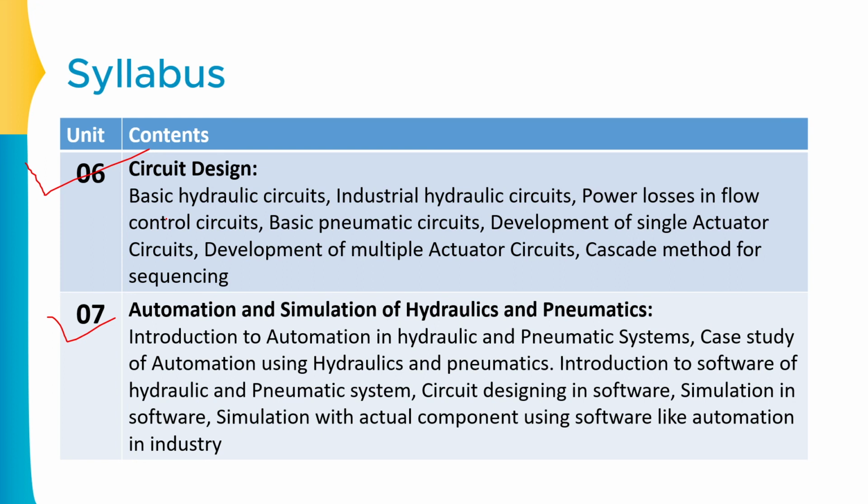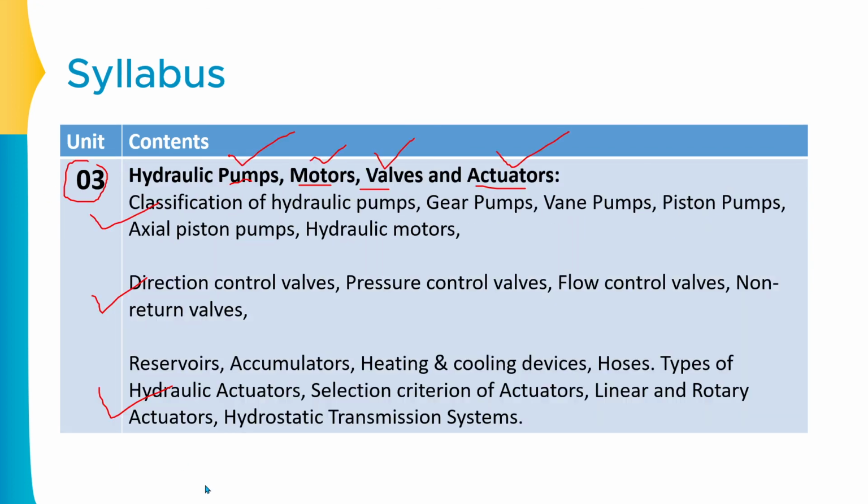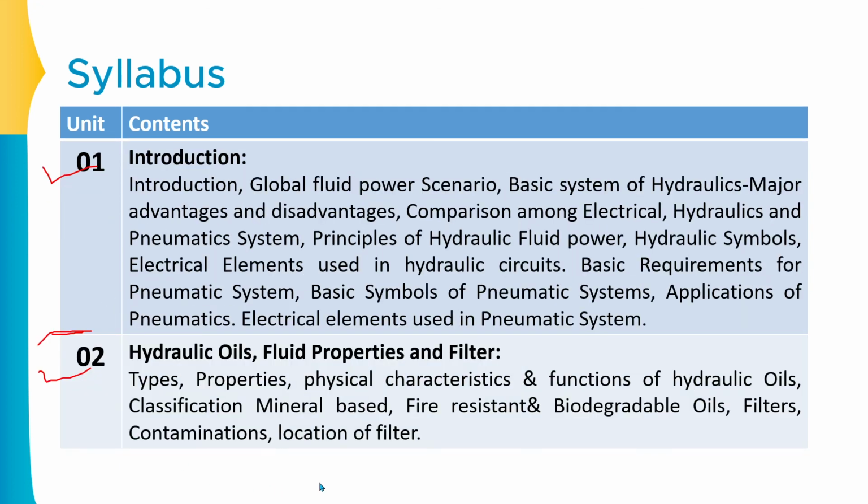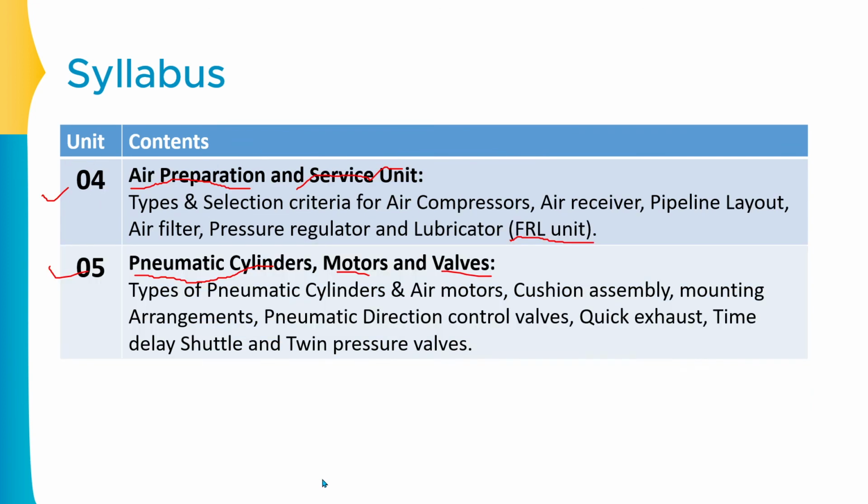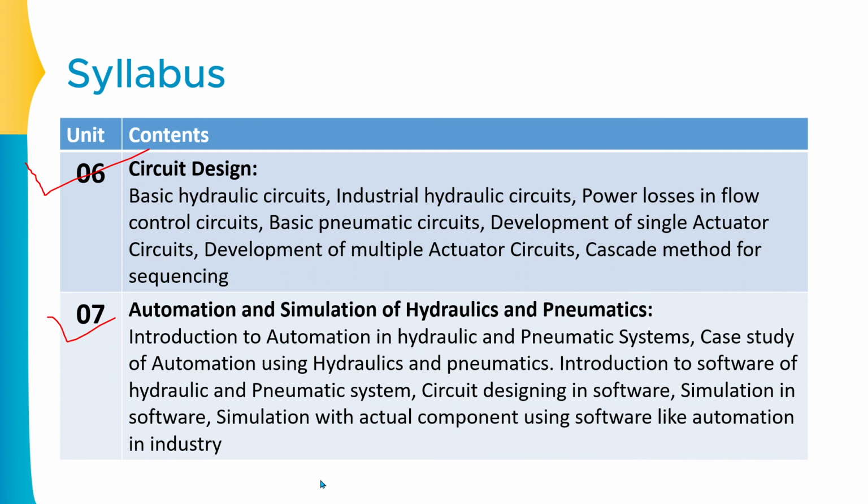Okay, so we will be understanding those in the 7th unit. So there are a total of 1 to 7 units. The first unit will be the introductory, 2nd and 3rd units are for hydraulics, 4th and 5th units are for pneumatics, the 6th unit is for circuit designing, and the 7th unit is for the automation simulation software.